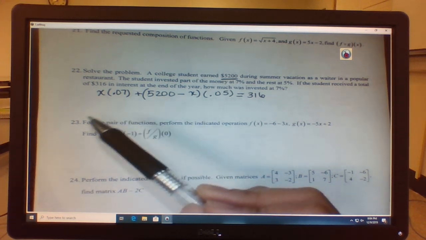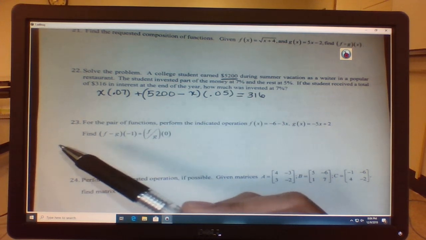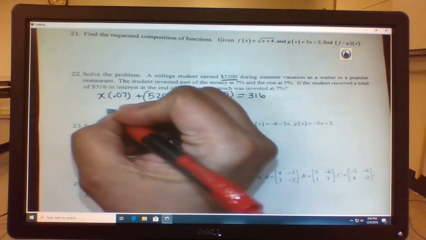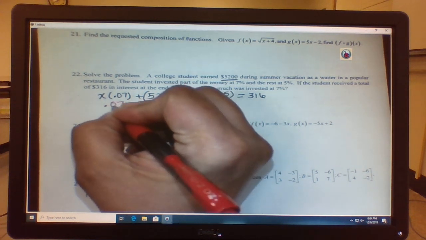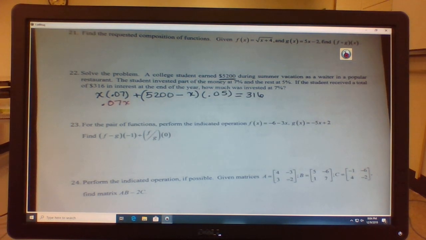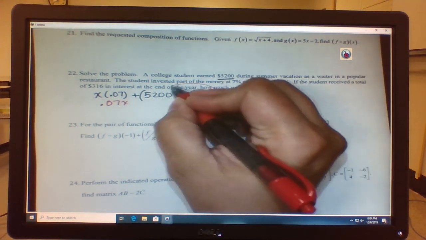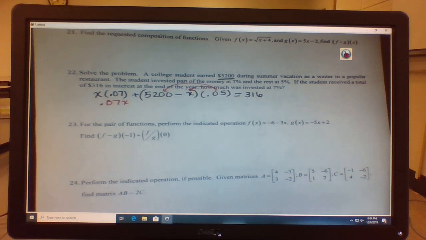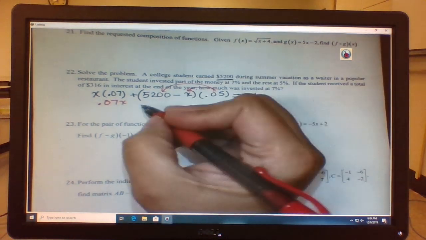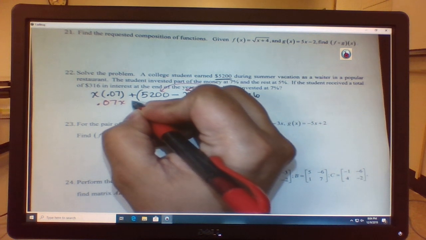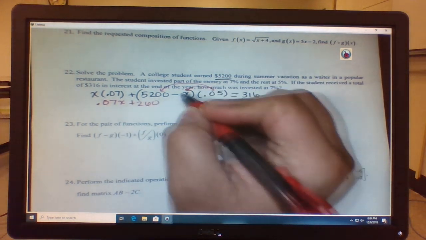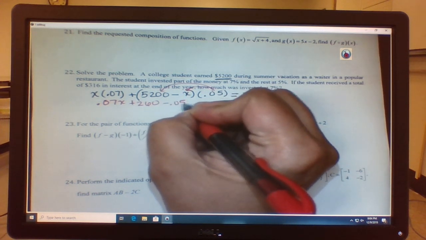So we multiply, add, subtract, all that beautiful stuff. 0.07 times X is 0.07X. This 0.05 has to be multiplied times both of those. 0.05 times 5,200 is 260, and 0.05 times the negative X, 0.05X.